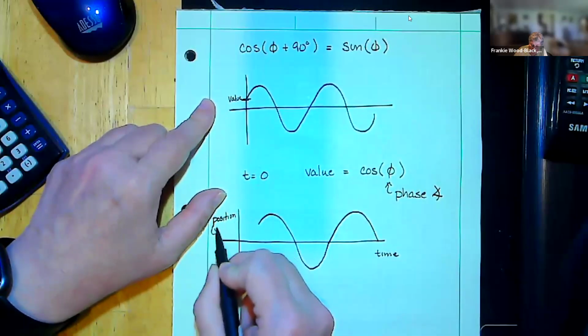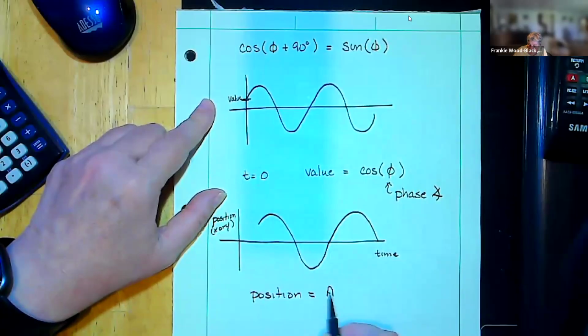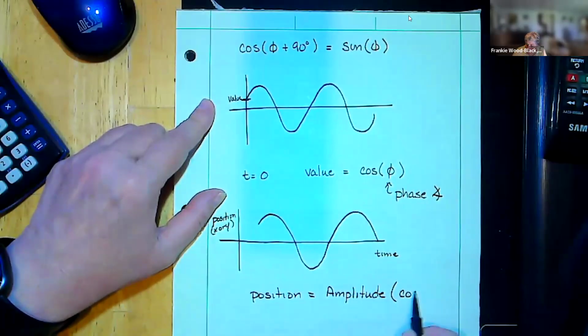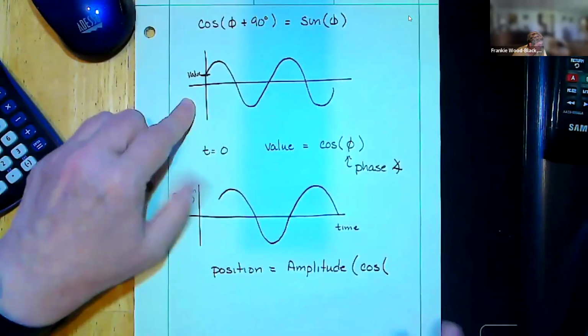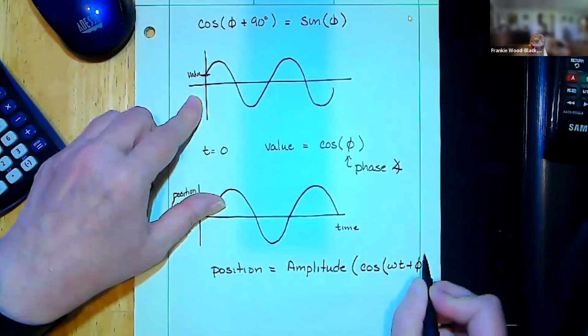This can be x or y. But I can do position is going to equal the amplitude cosine omega t plus my phasing.